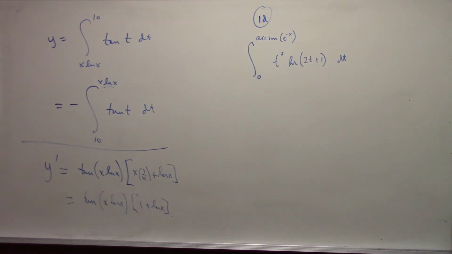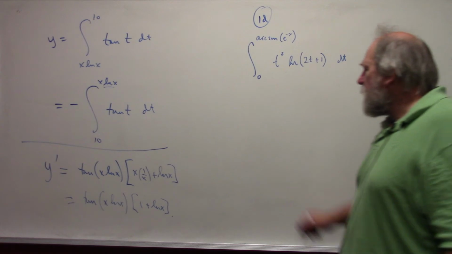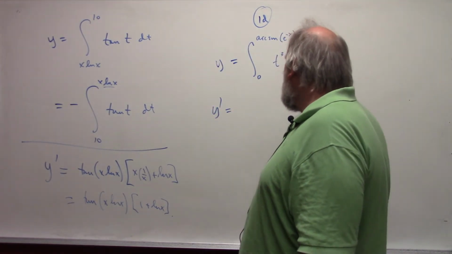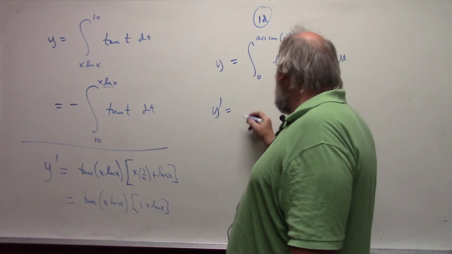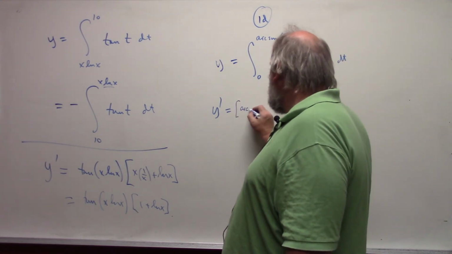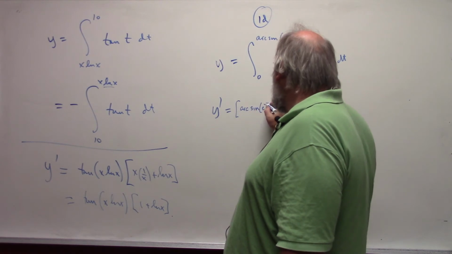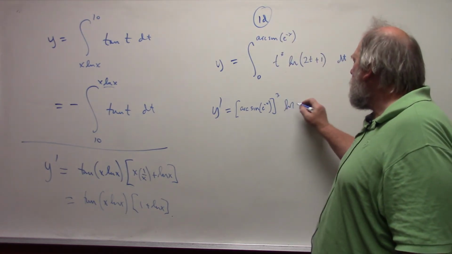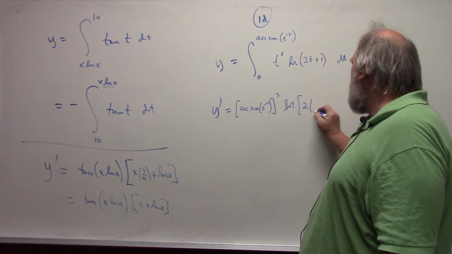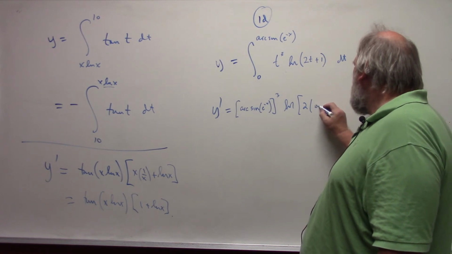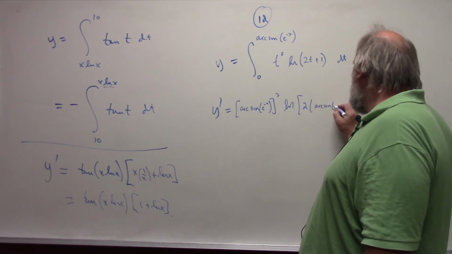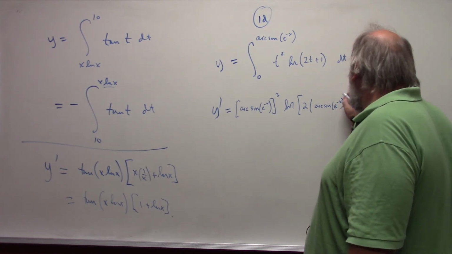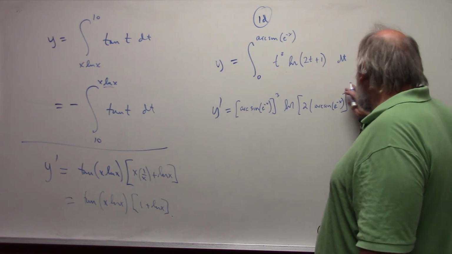And so for this function y, the derivative is going to be the arc sine of e to the negative x, quantity cubed, times the natural log of 2 times the arc sine of e to the negative x, plus 1.